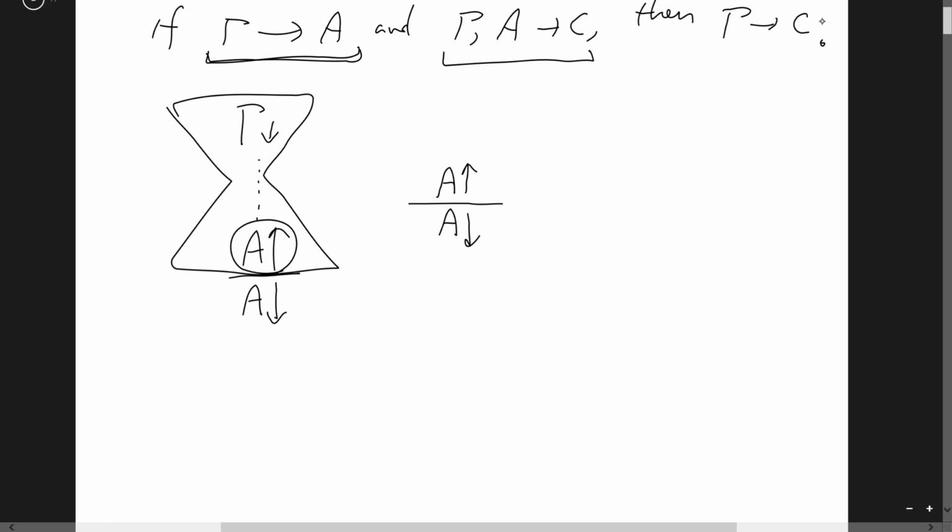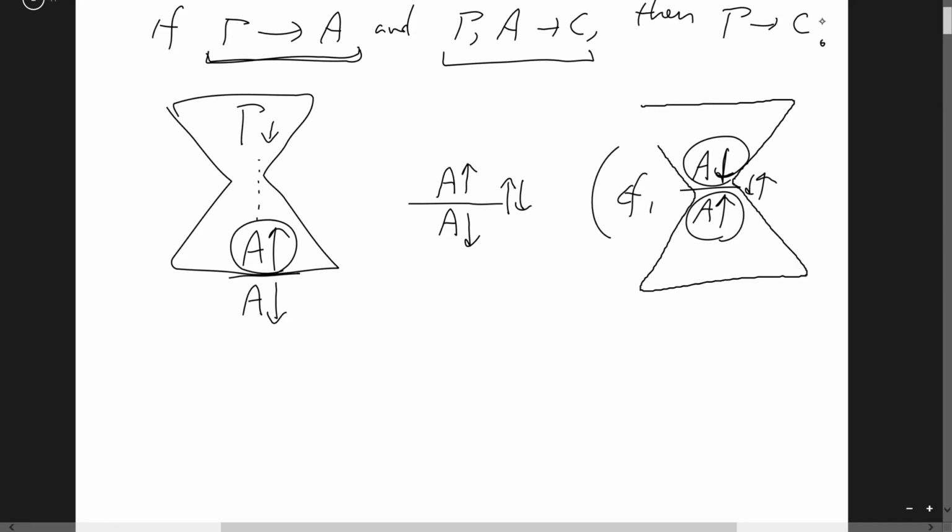We could call this rule up arrow, down arrow. Remember that the coercion rule converts the down arrow neutral judgment into the up arrow normal judgment. And this rule is typically found in the middle of this hourglass shape.